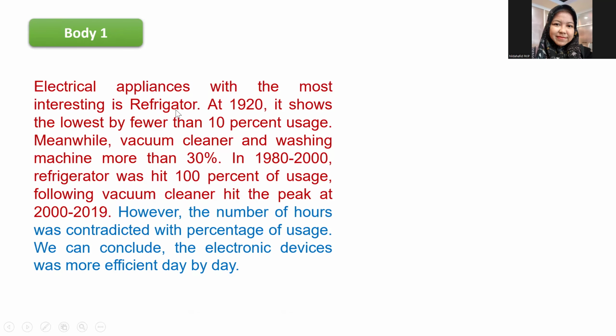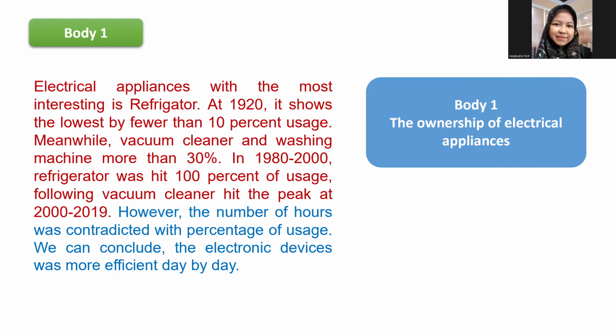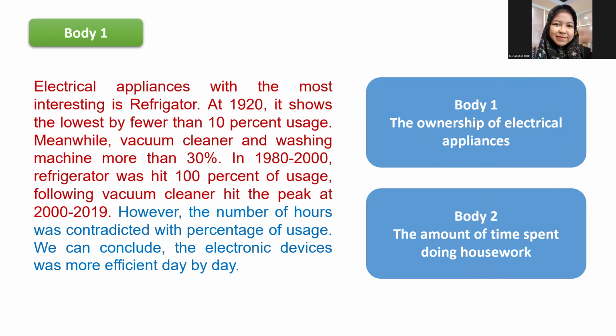Okay, now we move to body one. So here is your body one. Electrical appliances, blah, blah, blah. Okay, first I'm going to see the ownership of electrical appliances.